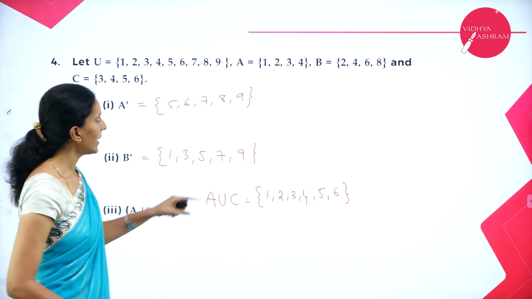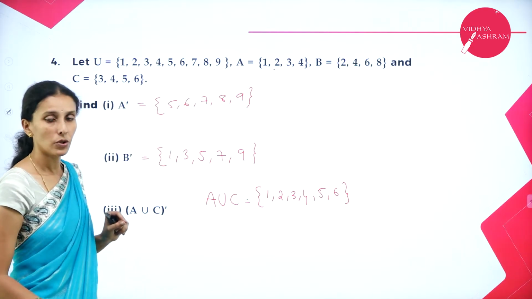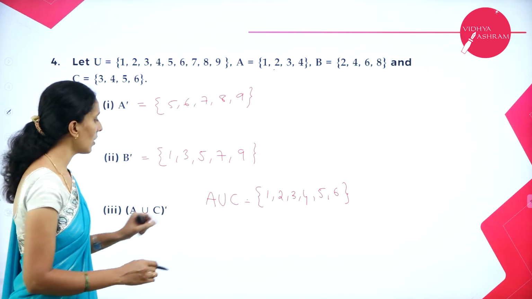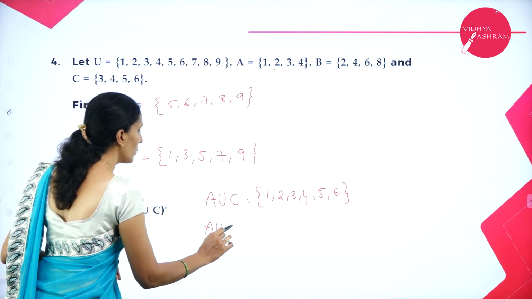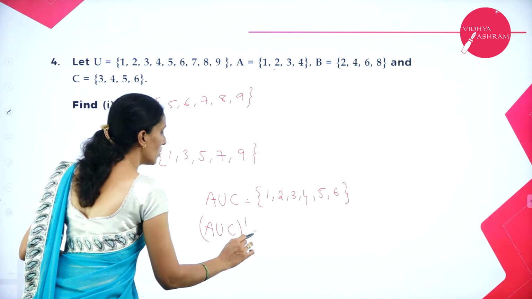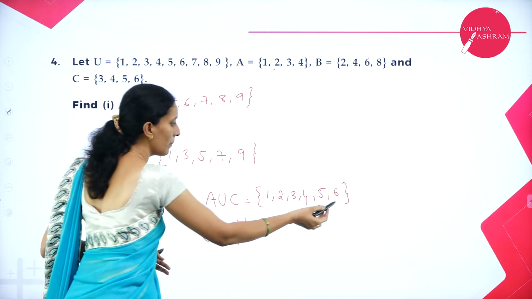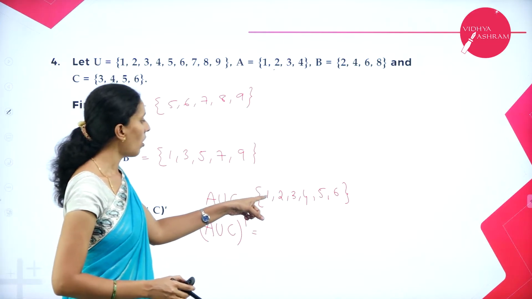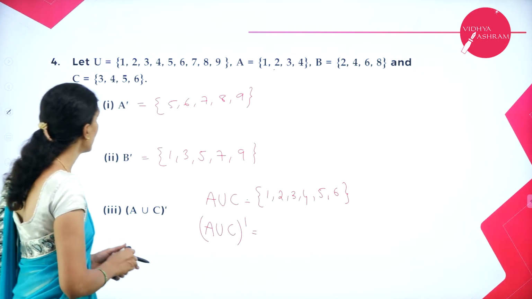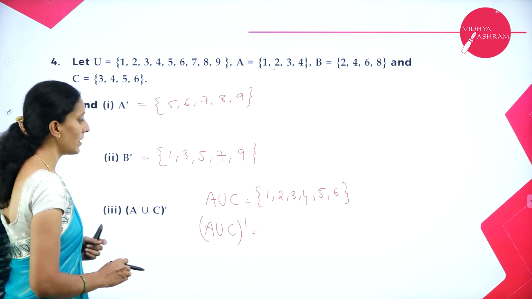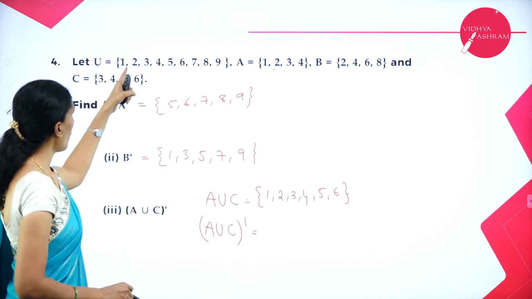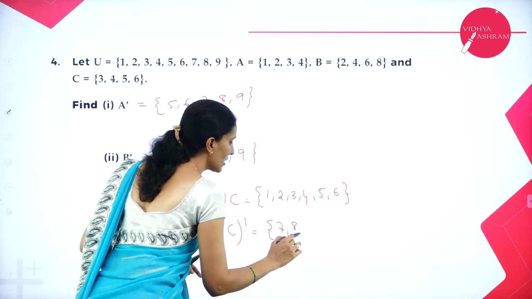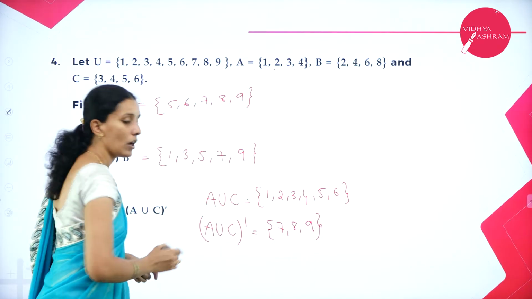So you have all the elements from A and C. Union is nothing but writing all the elements from A and C. Now you have to take the complement of this. The complement says the elements which are not in the given set. So we remove all the numbers from 1 to 6 and write only the remaining elements from the universal set, that is 7, 8, 9. So this is your answer.